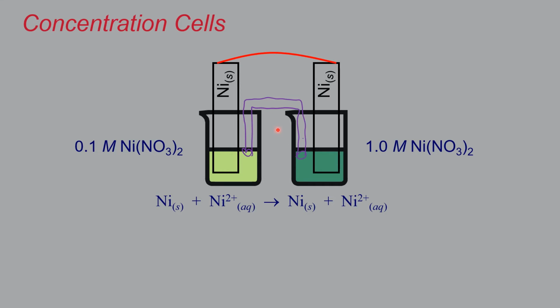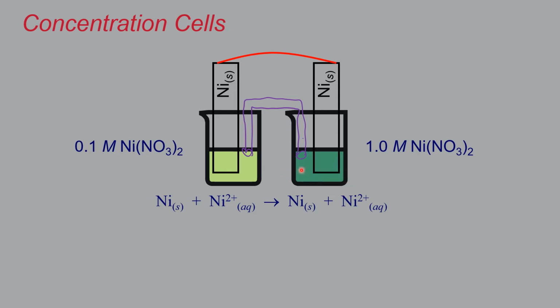Well, here is the proposed reaction for the cell. In this cell, you need to increase the concentration of nickel ions from the 0.1 to the 0.55. So this is the oxidation, the anode, the oxidation cell, where the nickel is becoming nickel plus 2.